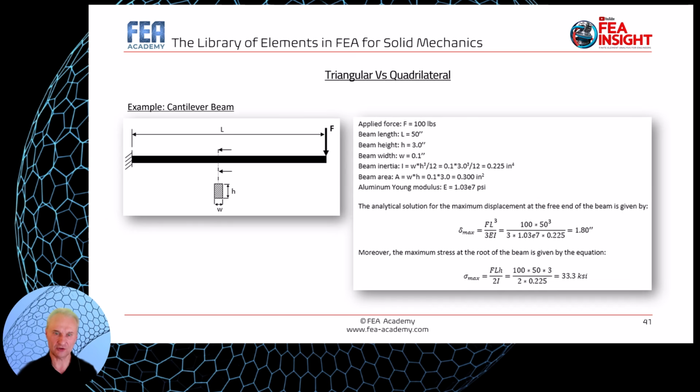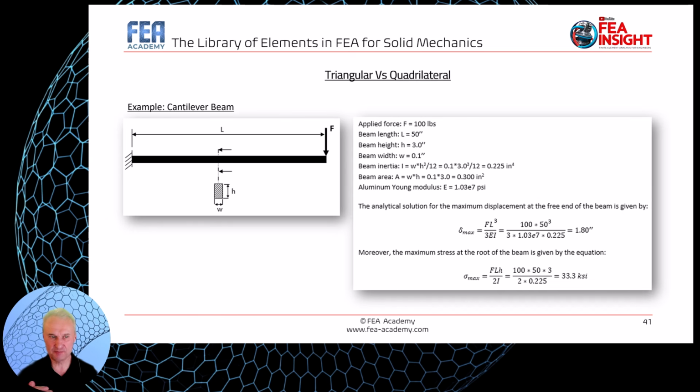So consider the cantilever beam here on the screen, made of aluminum, having a length of 50 inches with a cross section of 0.1 by 3 inches. The beam is subjected to a force of 100 pounds at the free end, at the extremity here.